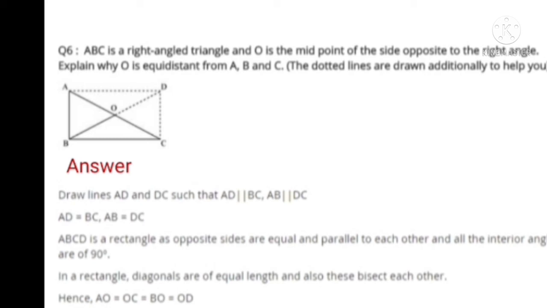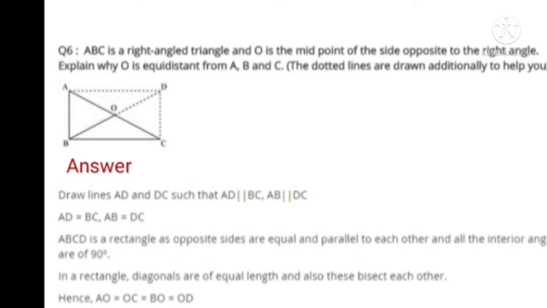We can join the lines AD and DC, and now we get the rectangle ABCD. In rectangle ABCD, AD is parallel to BC and AB is parallel to DC. Opposite sides are parallel and equal, so AD equals BC and AB equals DC, and all the interior angles are 90.